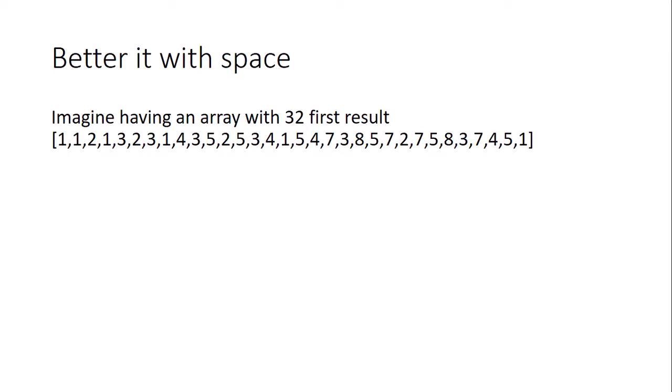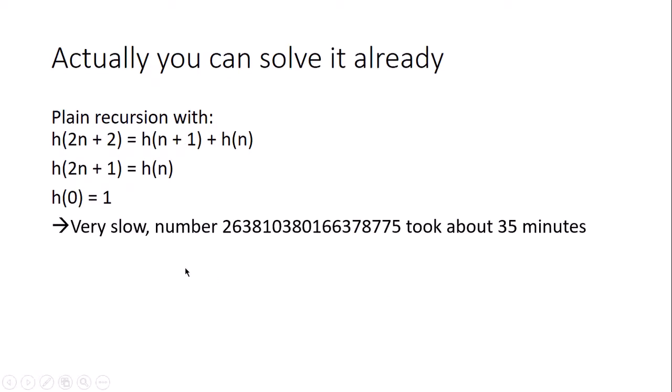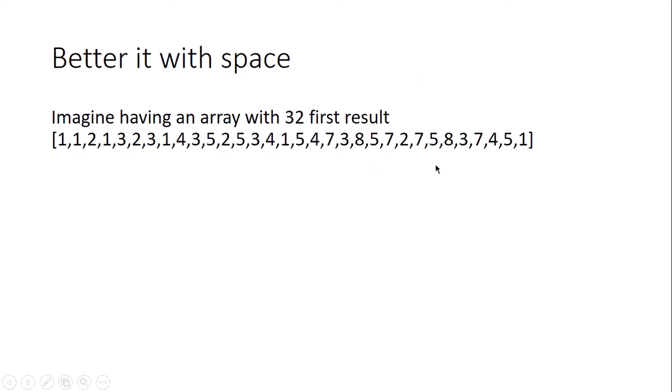If you store the numbers, imagine having an array with the first 32 results. With these two properties, you can already calculate the first results. With the first 32 results in an array, instead of going all the way down to 0 and adding 1, you can just go and add 14, add 16, add 13, because it's recursion.